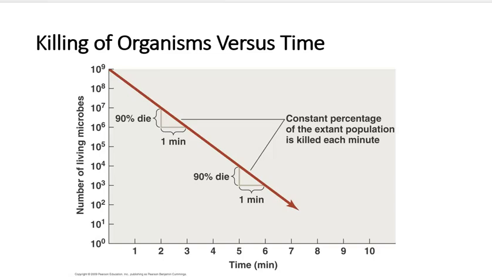A lot of the killing time is printed on the product, not necessarily saying killing time, but what you want to look at is the percentage of the population that is killed each minute. That determines how long you have to put this particular killing agent on the surface or on the body. Like if you come into the lab, we're told, every so many hours we spray our benches down and we let them sit for 15 minutes to make sure that all these lovely little organisms we could get from the blood are killed on the countertops.